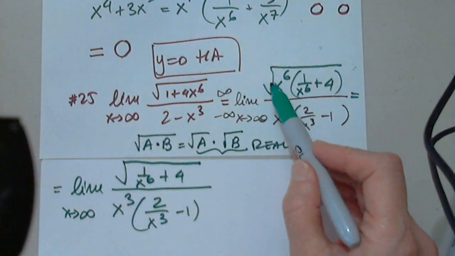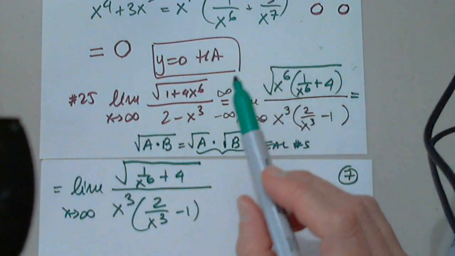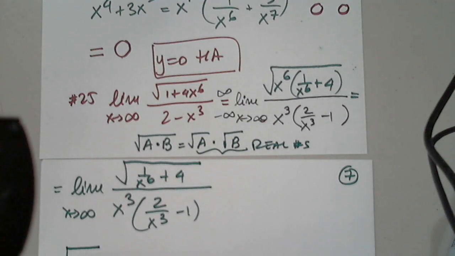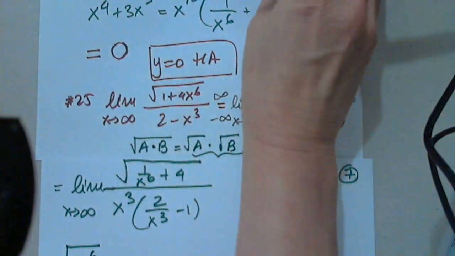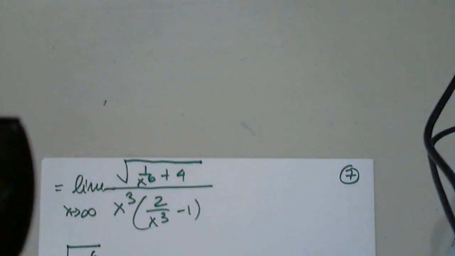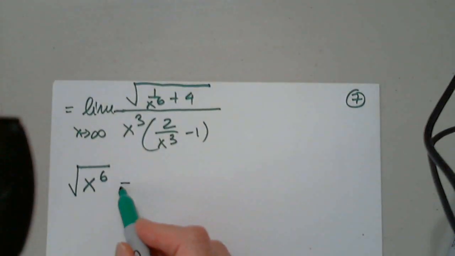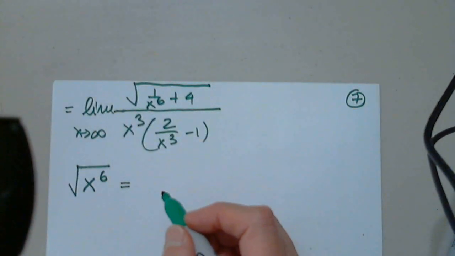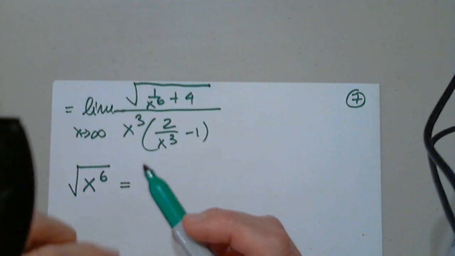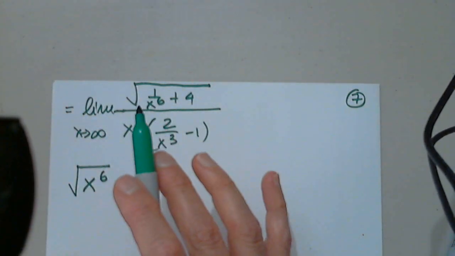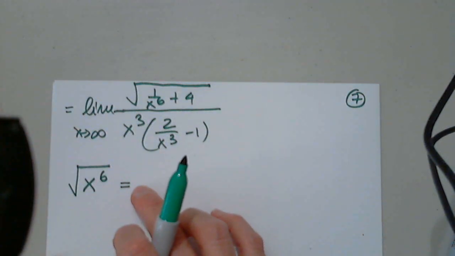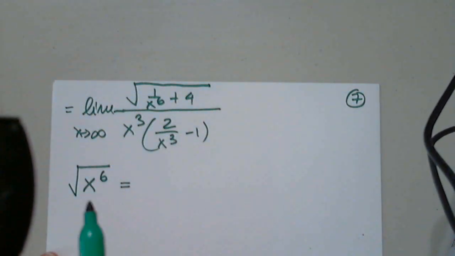So can anyone give us the square root of x to the 6th? So let's discuss the square root of x to the 6th. So we can put it in front. And the correct answer is not x cubed. Do you just take one power off? Let's refresh our memory.